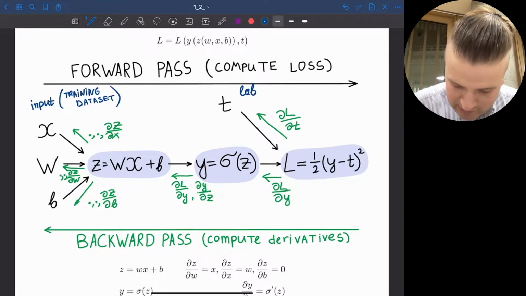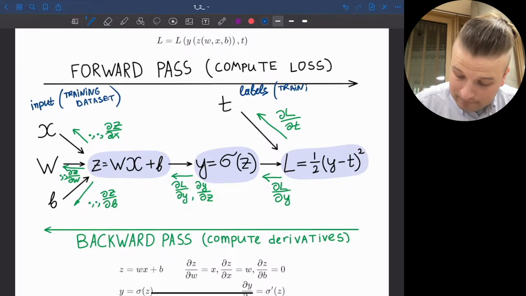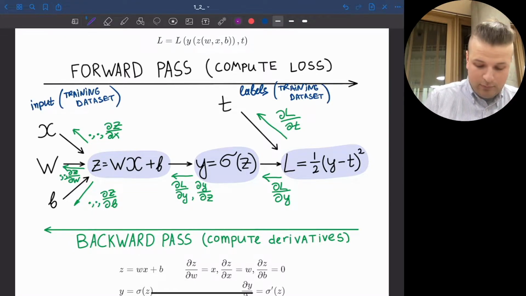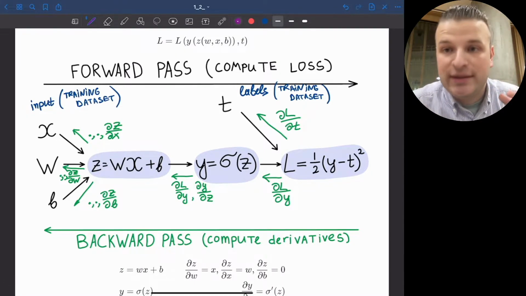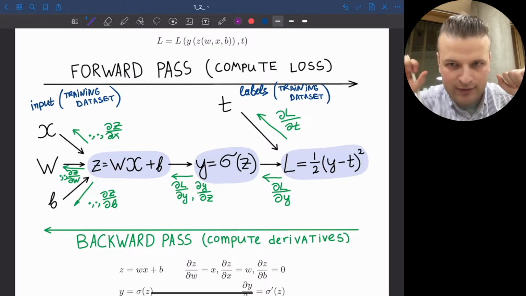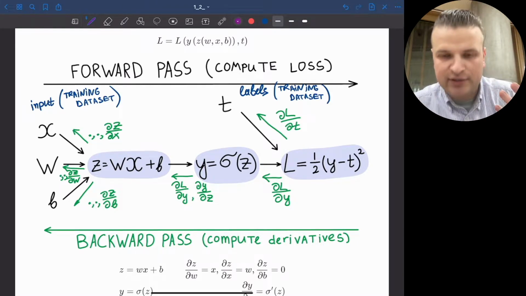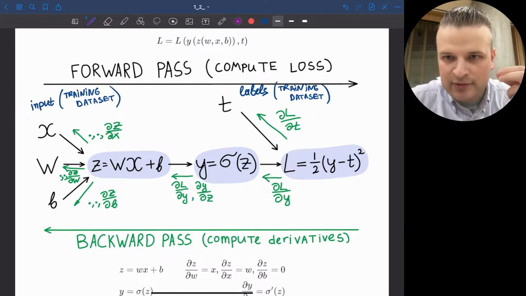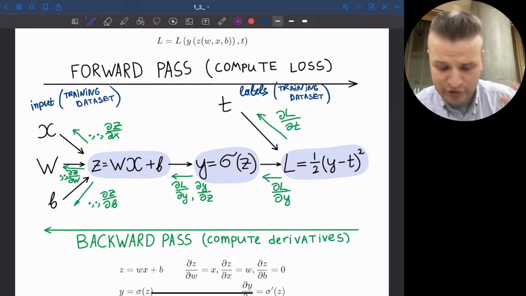Usually this is labels, typically from a training dataset. But W and B here are the weights of our neural network, of our model, or the trainable parameters, and these parameters need to be tuned in order to minimize our loss function.